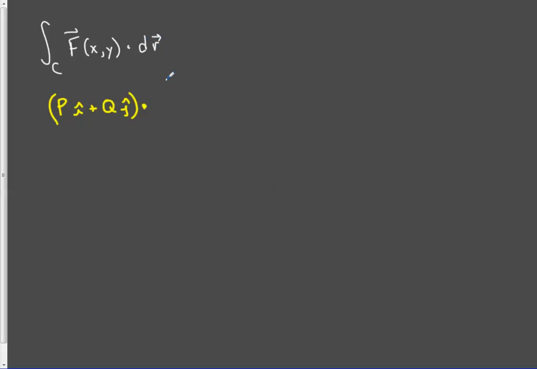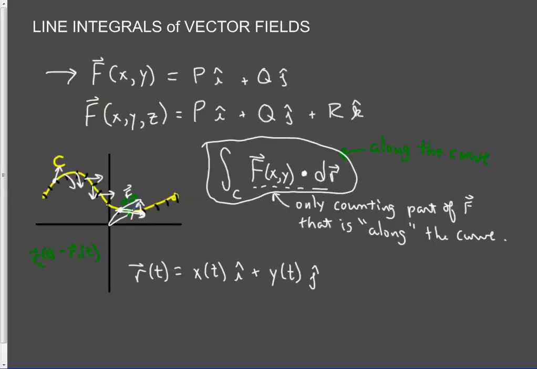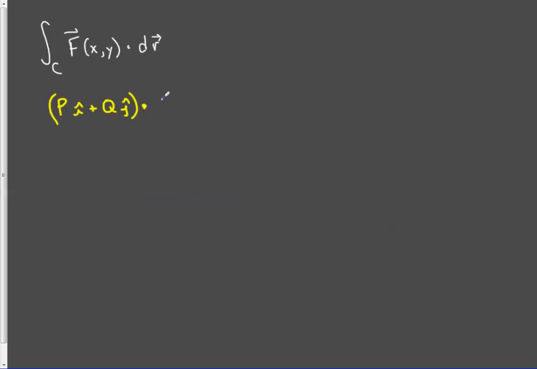Now dr, if you go back to this picture of what dr was, it was this little green guy that's now covered up. It's not too hard to believe that the components of dr are just a dx and a dy.